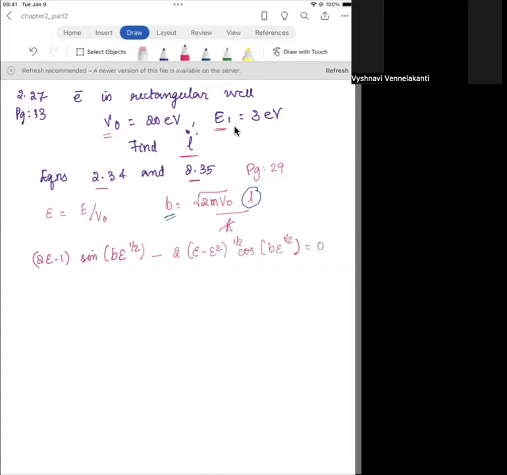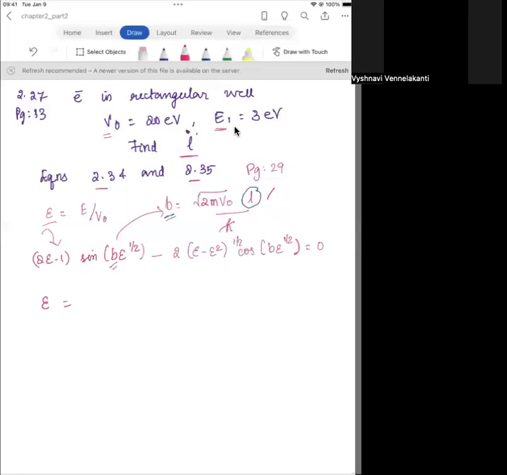So first we're going to find the value of epsilon, plug it in here and solve this equation. Then we're going to find the value of B, plug it back into this equation and then find the value of L. So let's take it one step at a time.